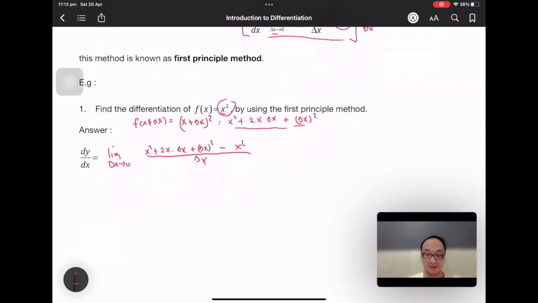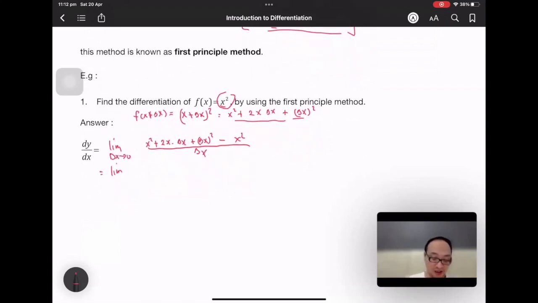In here you can see that for the limit as delta x approaches zero, we can cancel the x squared. So we will have 2x delta x plus delta x squared over delta x.